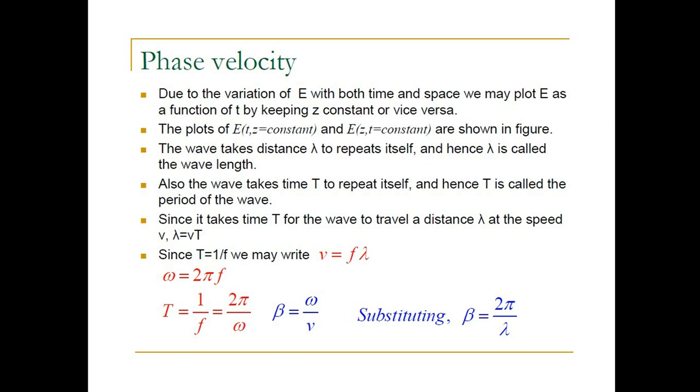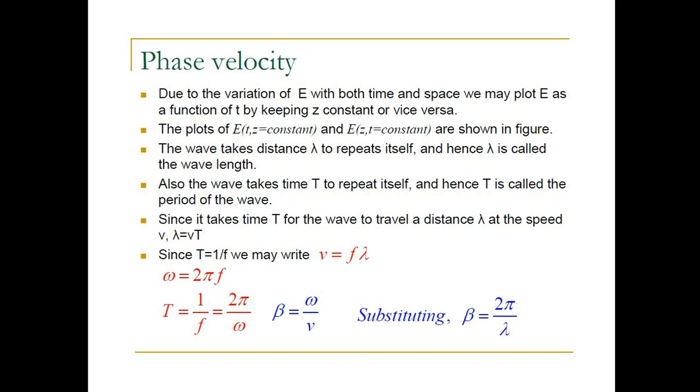Now, due to the variation of E with both time and space, we may plot E as a function of t by keeping z constant, or vice versa. That we have already discussed earlier. The wave takes distance lambda to repeat itself, and hence lambda is the wavelength, and the wave also takes time T to repeat itself, and hence T is called the period of the wave.